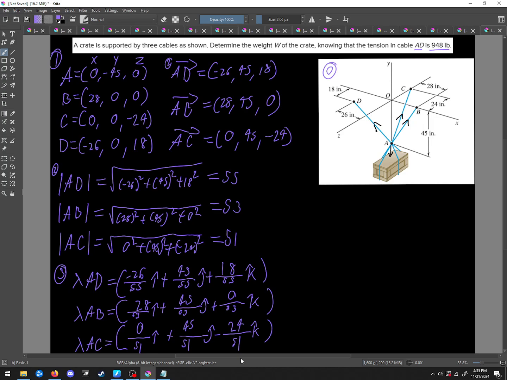Step 4 is tension, right? Now, since we're running out of room very quickly here, I will show you the magic trick on how to quickly get your tension vector. The tension in say AD is equal to lambda AD times TAD. This can save some space, or some time on the test.